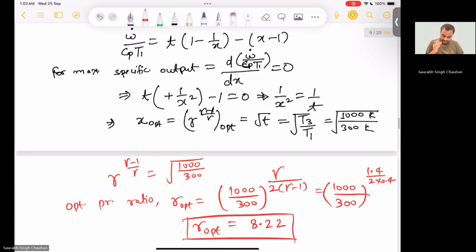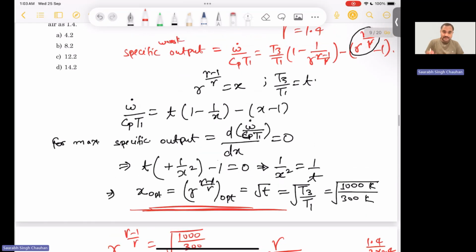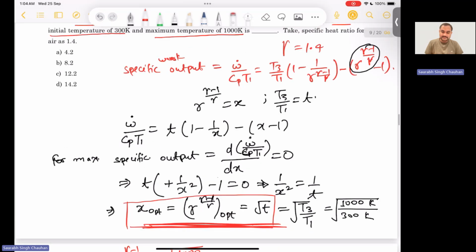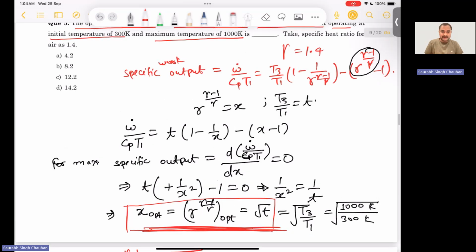So this is a standard formula, but I have again derived it so that in any case if you forget this formula, you should be able to derive how we are getting this expression. You can directly use this expression, but it is always better to know from where we are getting this.